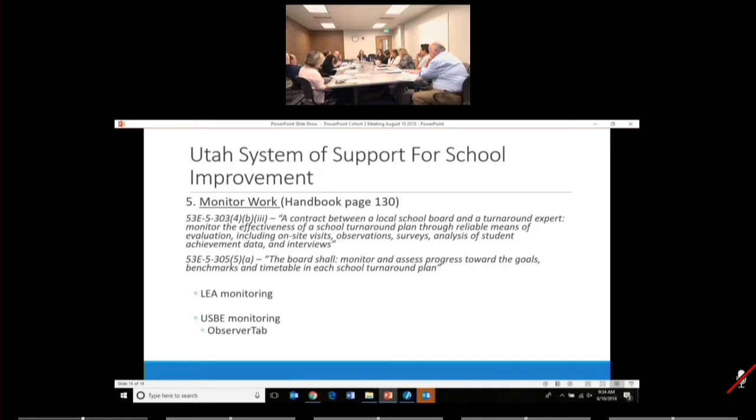So we've addressed that here in the handbook with some suggested methods, protocols, and tools that can be used for that. One of the things the handbook suggests for your school turnaround committee in regards to progress is a bi-weekly check, just a monitoring visit to check in, and it details what that might look like.